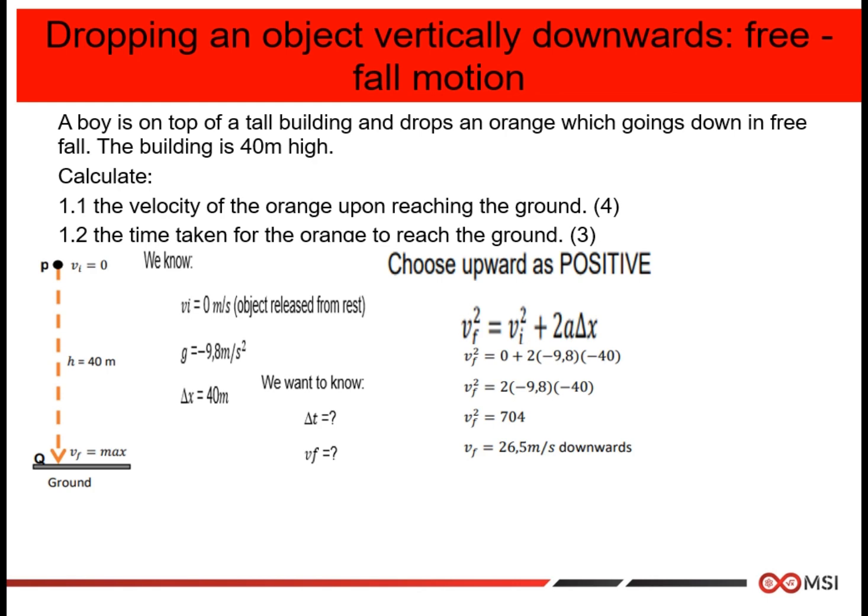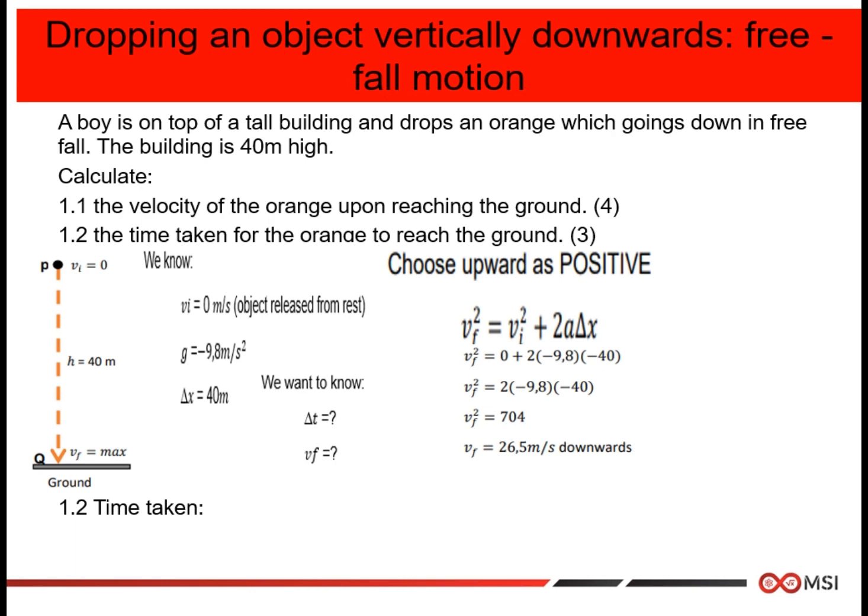So the second question says, calculate the time taken to reach the ground. As we can see, we now have only one unknown in our question. So which equation will be proper for us to use?